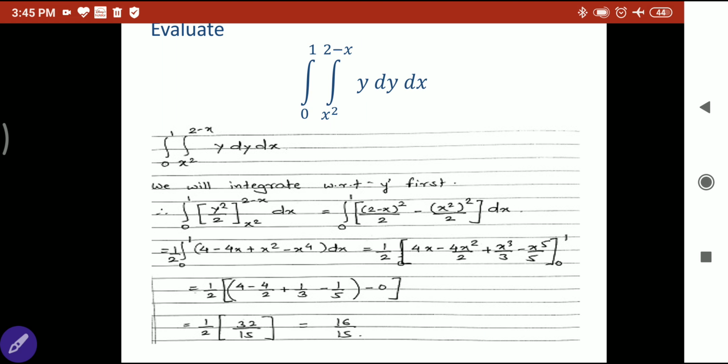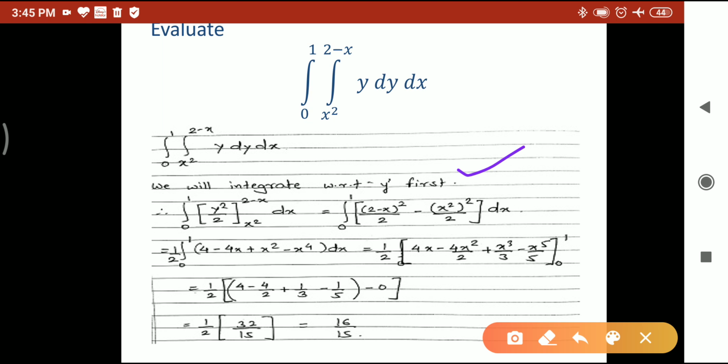Since we are integrating with respect to y first, the integration of y is y square by 2, and then we put the limits x square and 2 minus x.